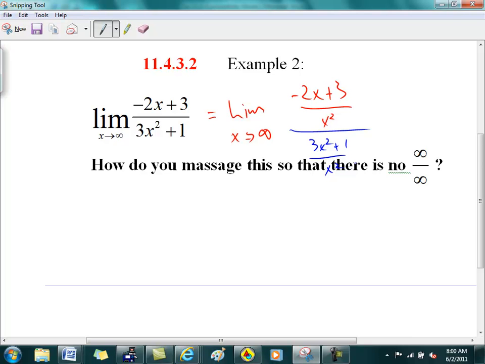That's pretty good. Okay? You divided by x squared? Yes. So then this becomes equal to the limit as x goes to infinity of minus 2 over x plus 3 over x squared over 3 plus 1 over x squared.